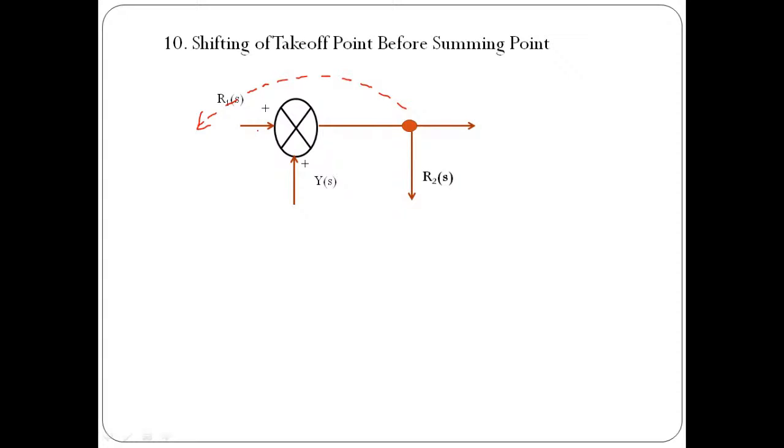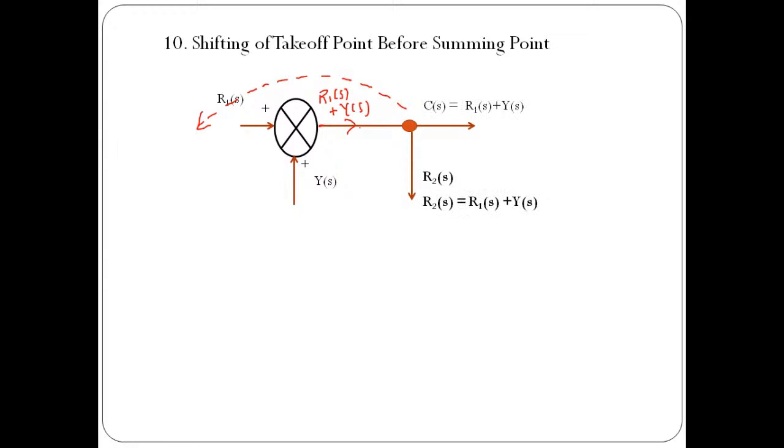Again, to analyze this, first we need to identify what will be the output and feedback signal over here. In this case, the output of the system will be R1 of S plus Y of S, and the same signal is available for the feedback path because we have tapped the signal for feedback purpose from this particular path.